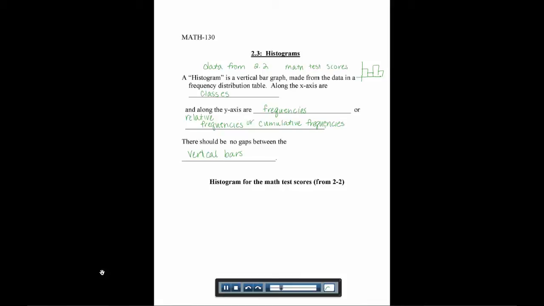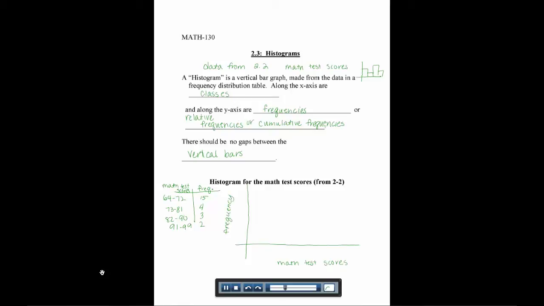Okay, so I'm going to write down our frequency distribution from the previous section. So here's our frequency distribution from section 2.2. We're going to create an x and a y axis, and we'll label them. Our x-axis are the math test scores, and our y-axis is going to be the frequency.